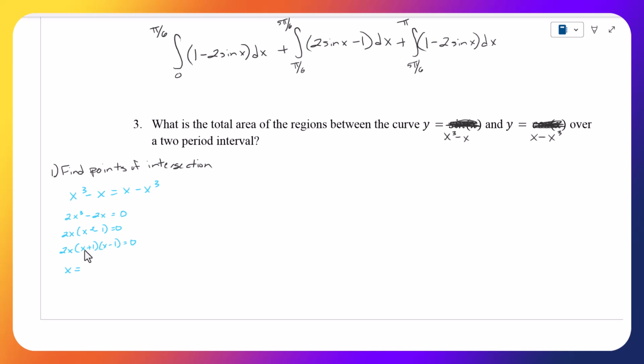This piece here is 0 when we're -1. This piece is 0 when we're 0, and this piece is 0 when we're +1. So our solutions to this are -1, 0, and 1. Okay. These are our points of intersection.